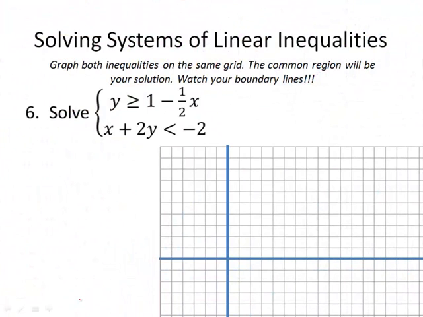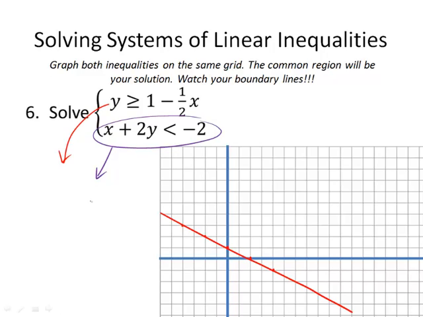Let's take a look at one last one here. The first equation is already solved for us, so we would start at 1 and go down 1, right 2, down 1, right 2, and it's including the line, so we want to draw a complete line. In purple, let's look at the next equation.